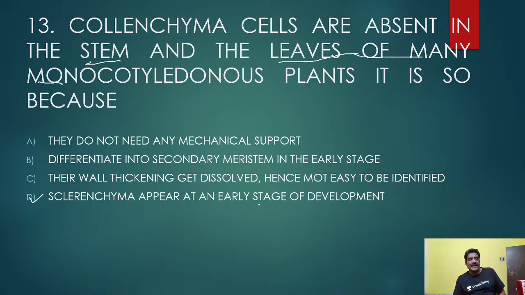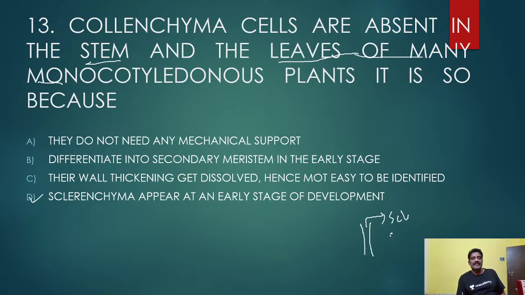Sclerenchyma appears at an early stage of development. In monocots, sclerenchyma's presence is very important. Monocot stems are weak, and the plant is easily affected by external factors. So sclerenchyma presence is very much required here. Why?